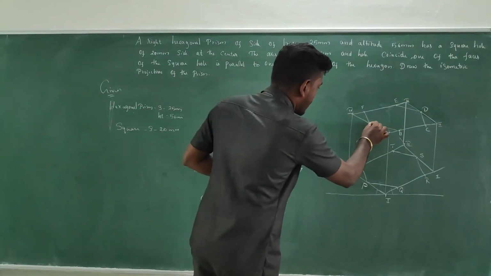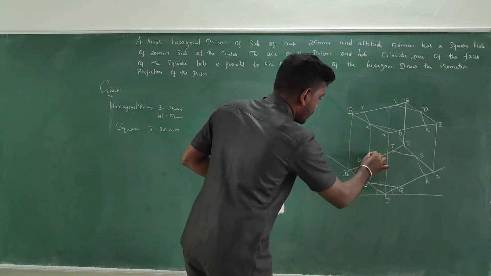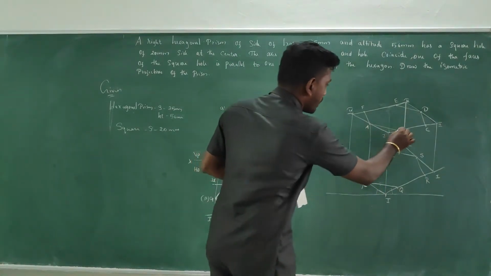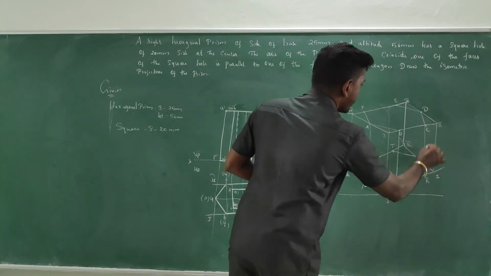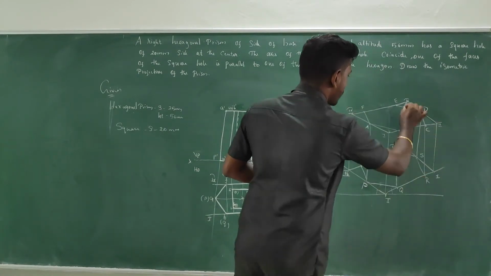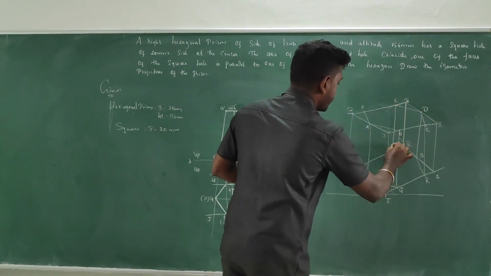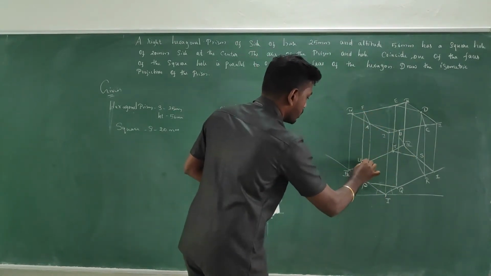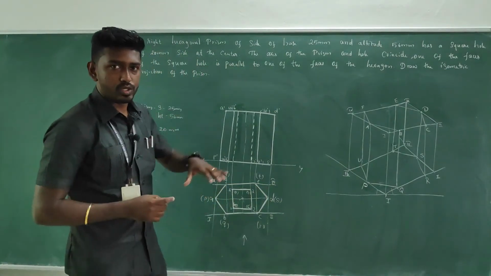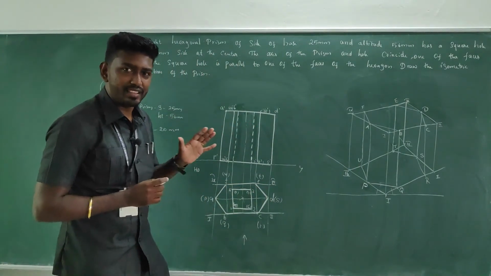So I am going to connect with a thin line A to P, B to Q, C to R, D to S, E to T, and then F to U as a longer edge. So connect it with a very thin line.